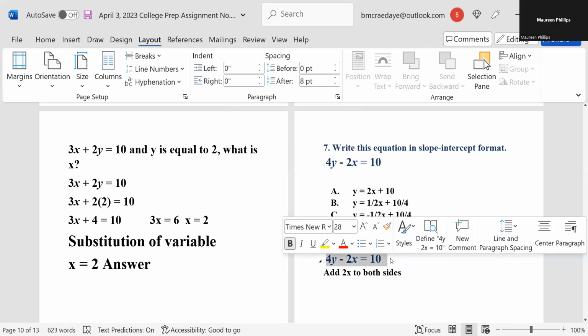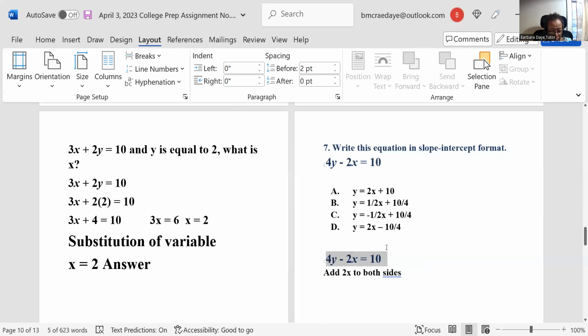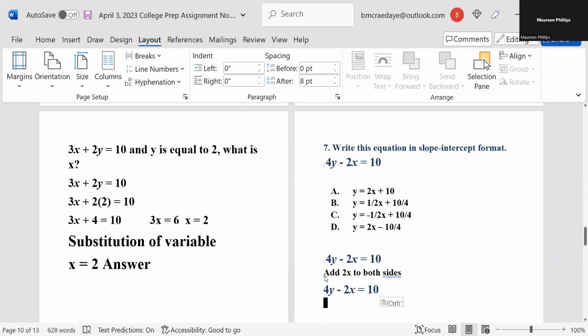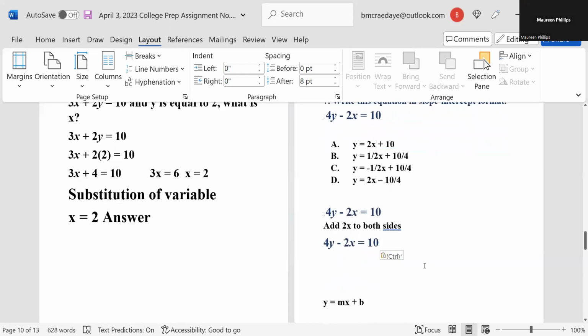Add 2x to both sides. So I will get 4y. Mercedes likes to put hers underneath, so let's just put 4y, 2x.